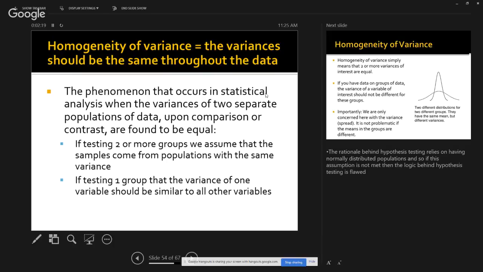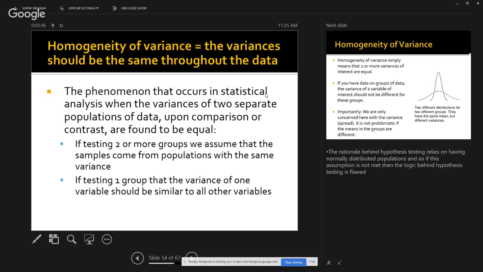You might not remember, but it's an assumption when you have 2 groups that the variance between those groups should be equal. If that is violated, then you're violating the assumptions of the t-test, and you should not be using it. Well, you actually can. You just look at a different line, okay?